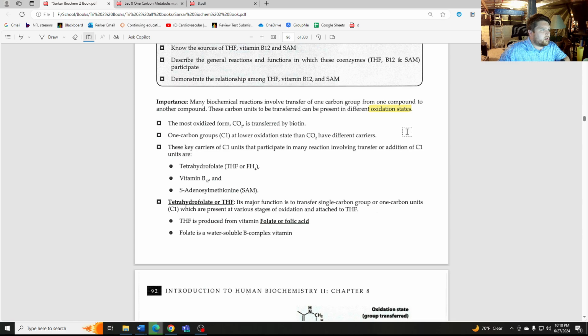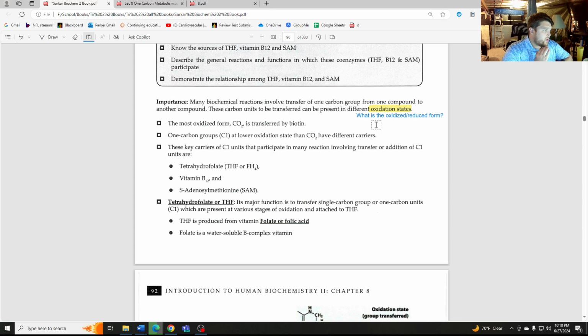A lot of our questions are going to come back to what's the oxidized or reduced form of these different vitamins and what state are they currently in when they do different things. That's what we're going to look at and where you're going to want to focus some of your studies.